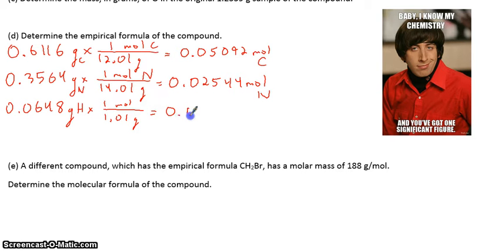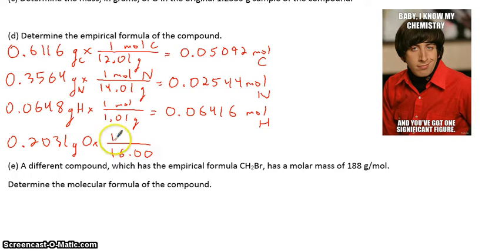To be exact, 0.06416 moles of hydrogen. And finally, oxygen. We began with 0.2031 grams of oxygen. Oxygen's molar mass is 16.00. And if you divide that number, you'll get 0.01269 moles of oxygen.